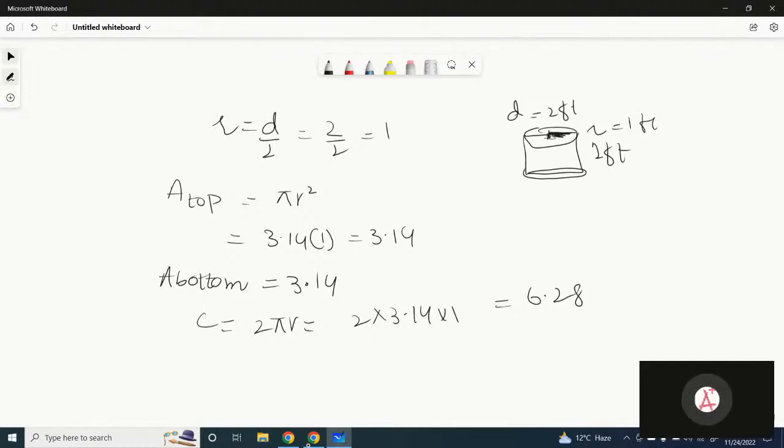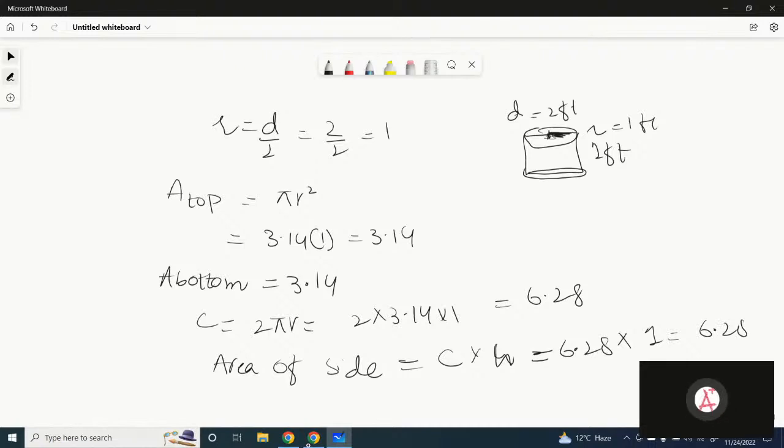Okay, the area of the side. Got it? It would be area of side is circumference times height. Circumference of the circle is 6.28 times 1. So it would be 6.28. So for the surface area, you have to add area of top, area of bottom, and area of the side.